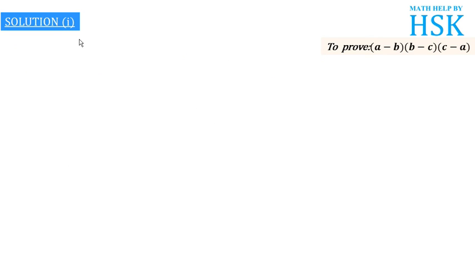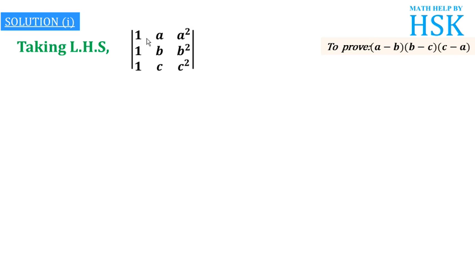So to solve the first part, we take the left hand side, the determinant |1 a² ; 1 b² ; 1 c²|, and we have to prove that this determinant is equal to (a − b)(b − c)(c − a).